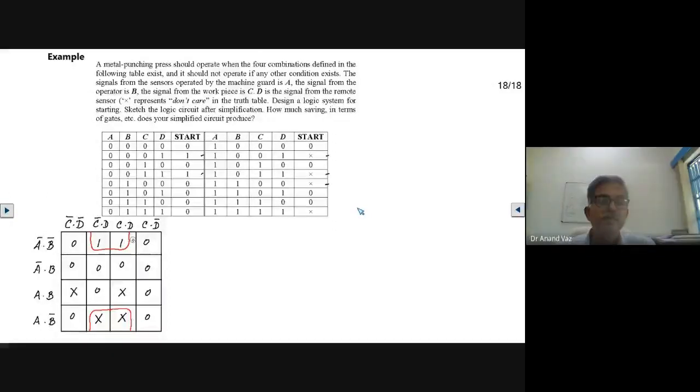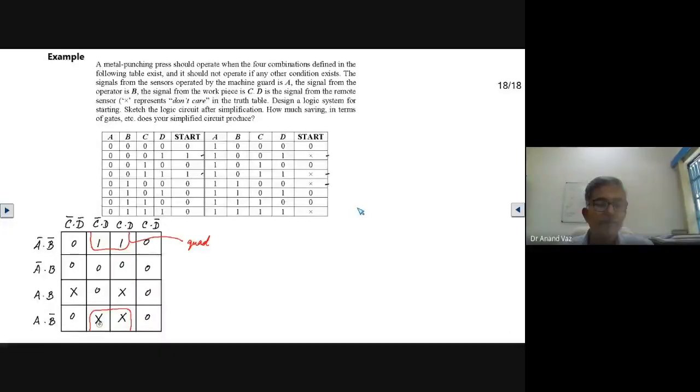Okay, so this is a quad, and what is this quad? What is the variable that is eliminated? You see from here, between these two columns, C is making a transition from not C to C. So C gets eliminated. You are left with D. And here, between these two rows, not B is remaining as it is, but A is changing its state.